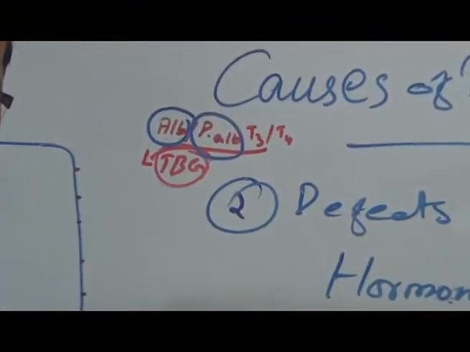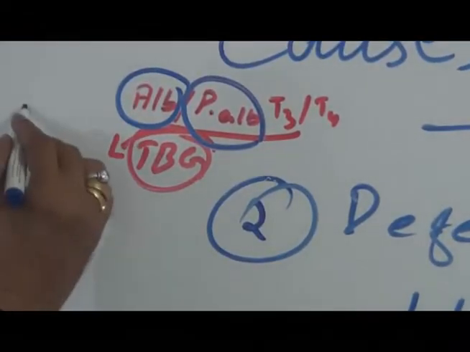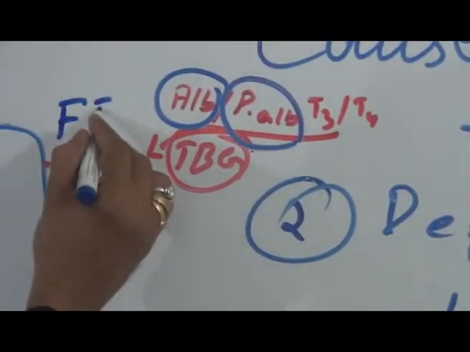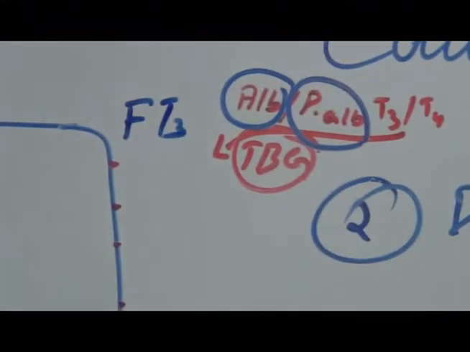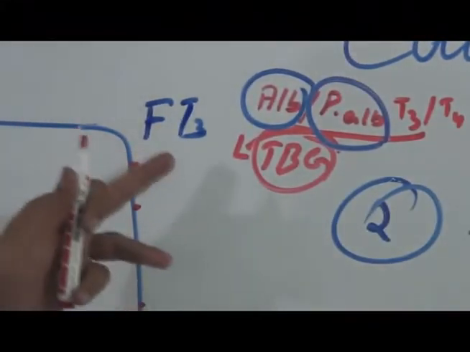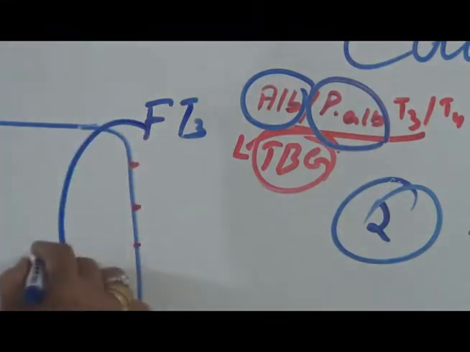That means only the free thyroid hormones, FT3, that means only the free T3, can get entry into the cell.